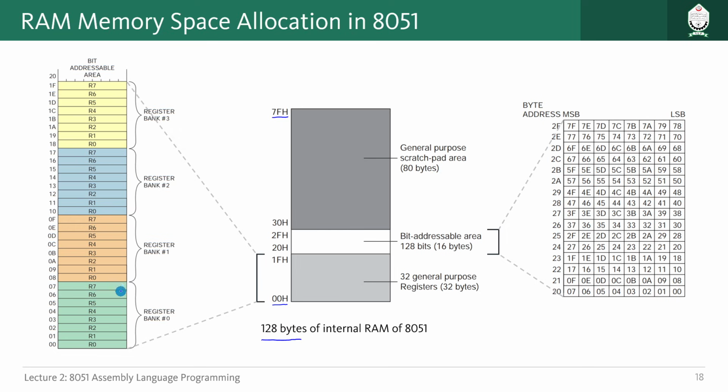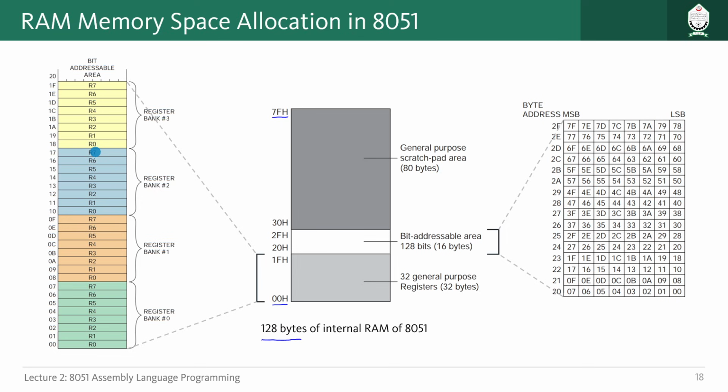Each of the register banks contains 8 registers. So the registers we looked at earlier at the beginning, called R0, R1 up to R7, these are actually part of register banks. Okay, so you can see the same thing, R0 up to R7, and a similar kind of thing can be seen for all of the register banks, right?